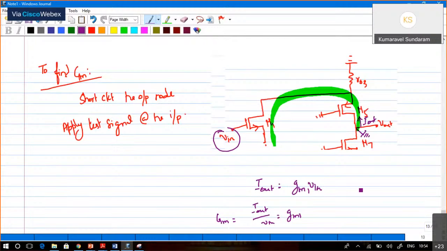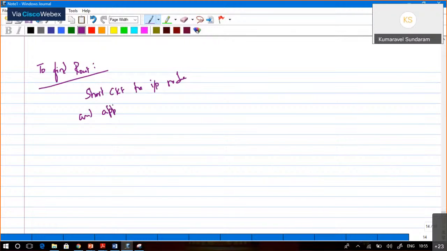Okay. Similarly, to find R out, short circuit the input node and apply the signal at the output node.